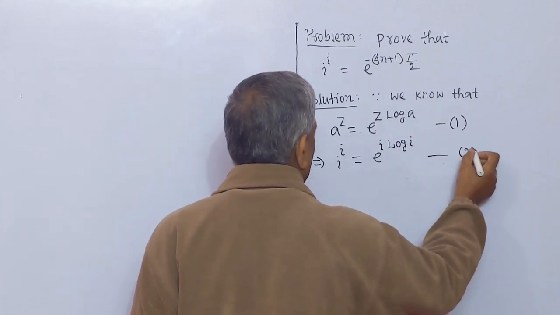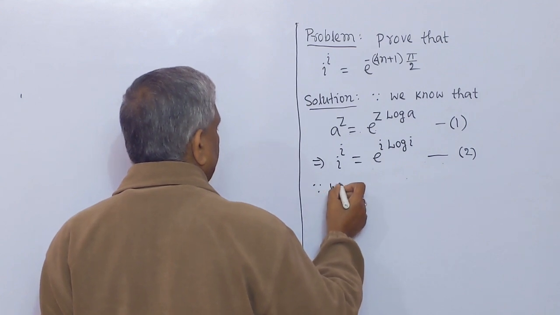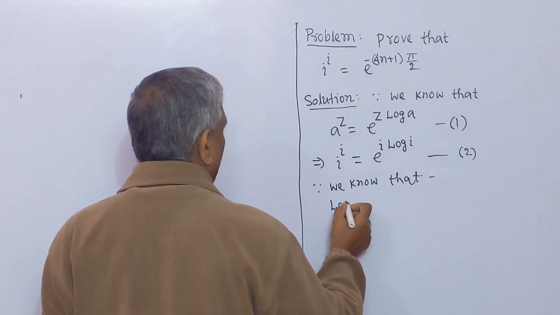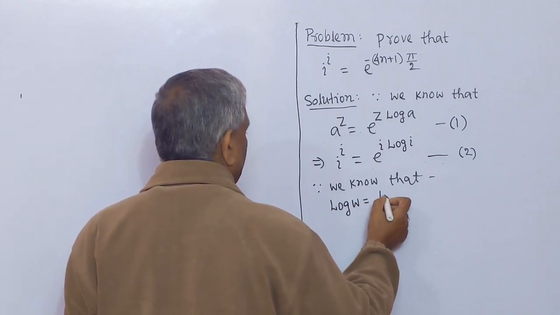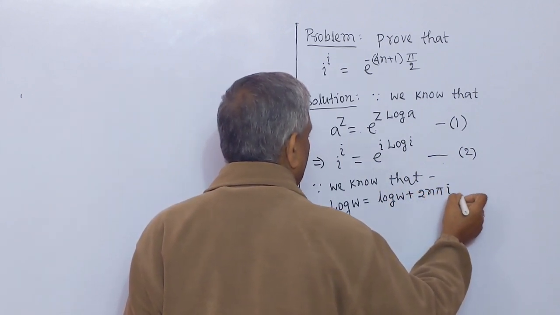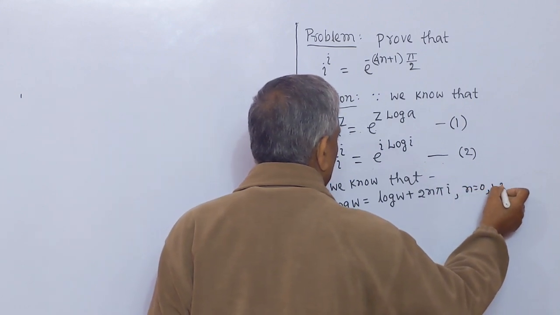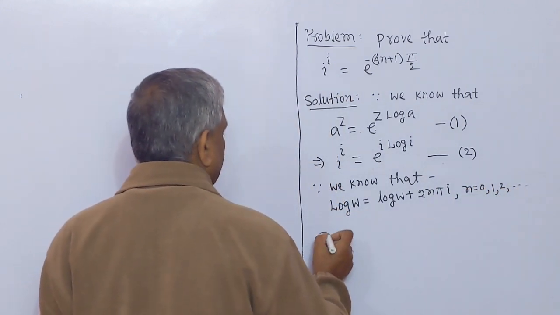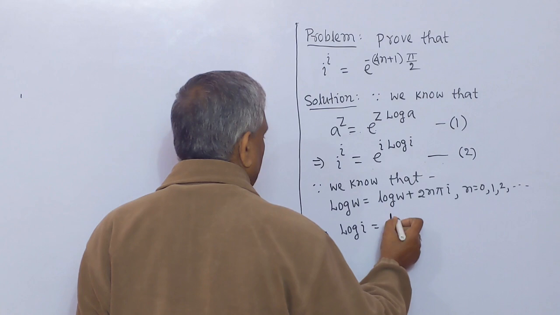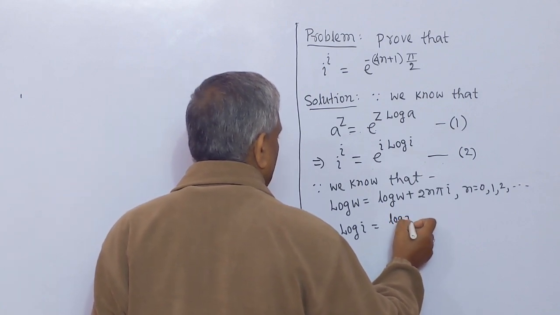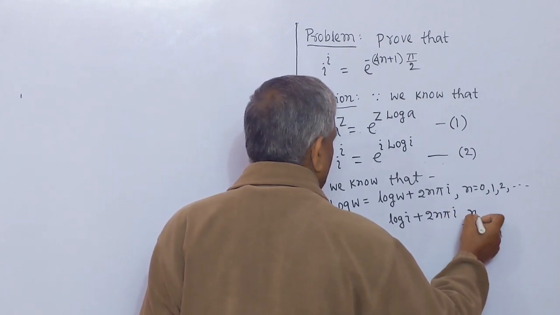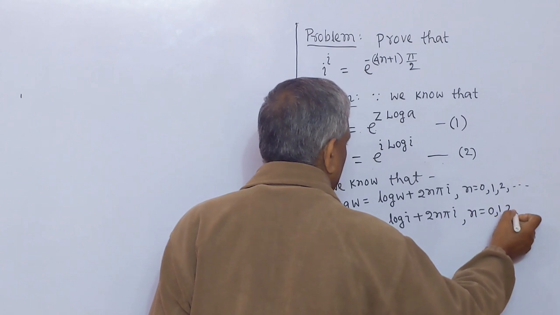This is number 2. Since we know that capital Log w = small log w + 2n pi i, n = 0, 1, 2, it implies that Log i = log i + 2n pi i, n = 0, 1, 2.